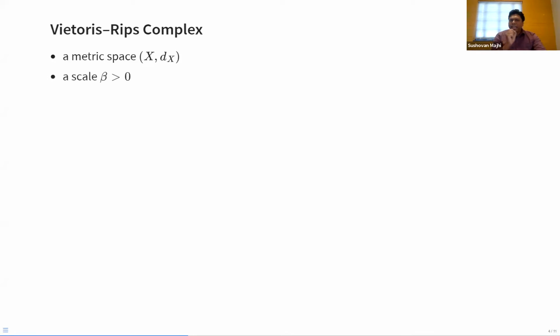We also need a scale, so beta, a positive scale. And then what we're going to build is an abstract simplicial complex, call it R, sometimes called VR for Vietoris-Rips. The scale beta is in the subscript, and the metric space X is inside it.